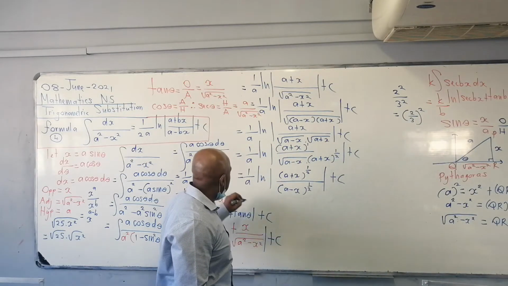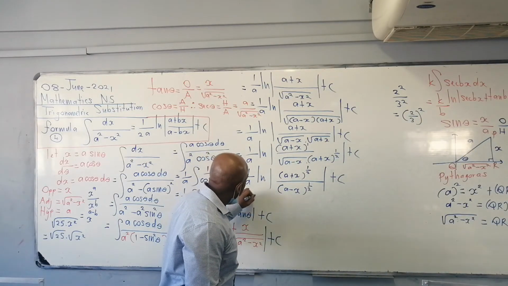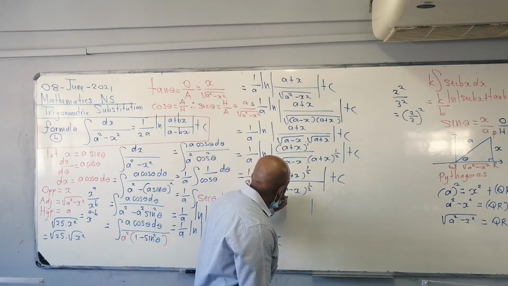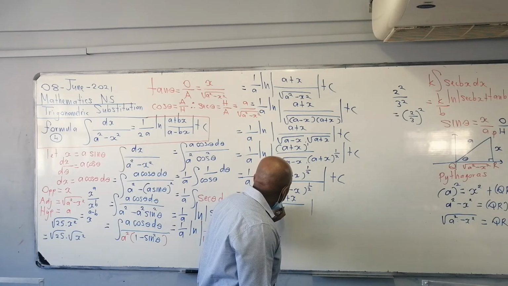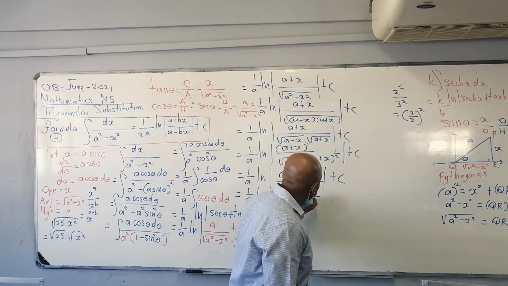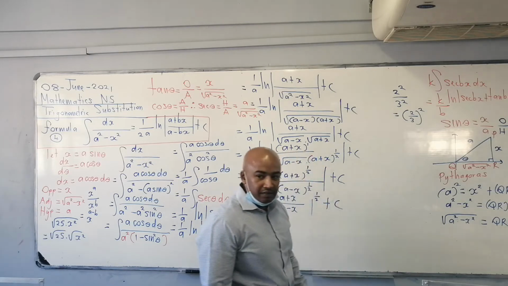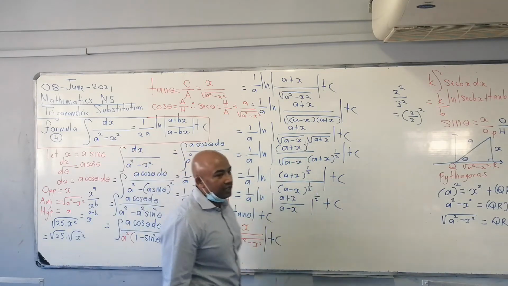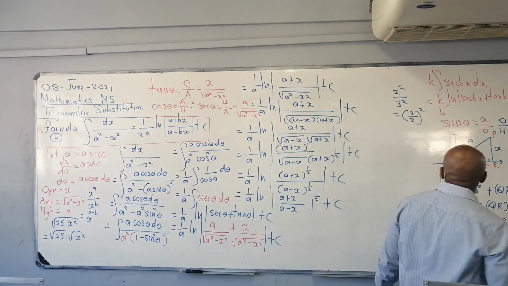So that means this can be written as a plus x all divided by a minus x, just like how I got 2 over 3 all raised to the power half. Exponent law. Can you see that?